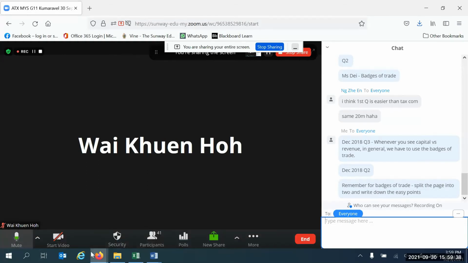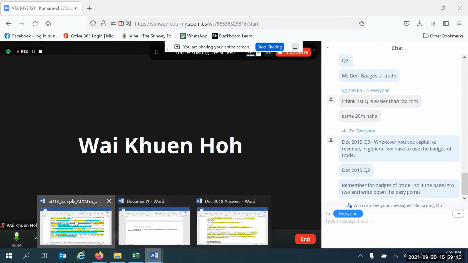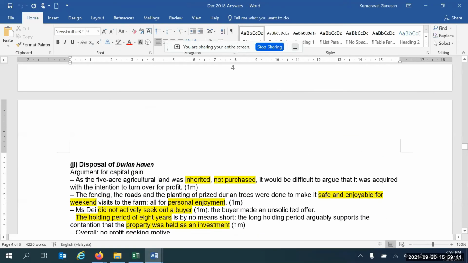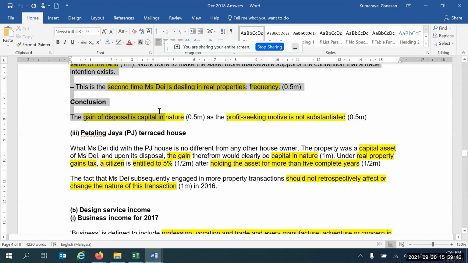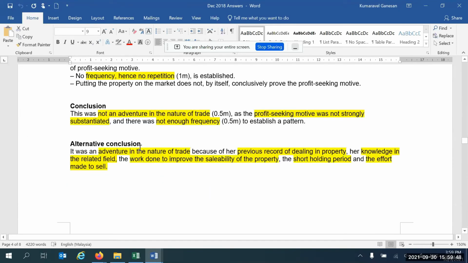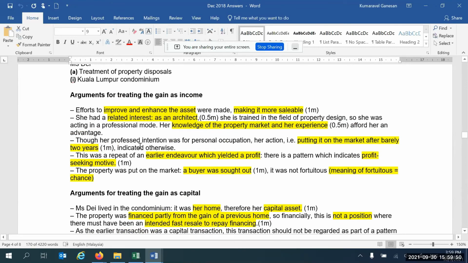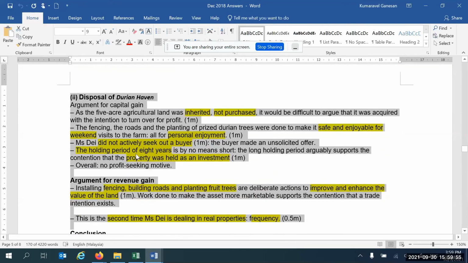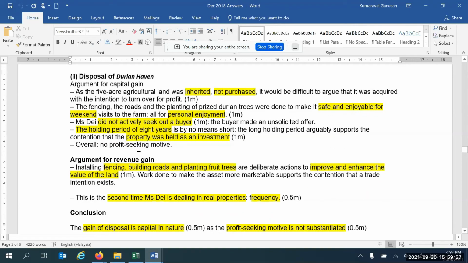Okay, again, I do emphasize, if you're stuck at number 1, don't give up. Don't just sit down there, right? Go on. And you'll find your confidence coming back because it's much easier to do.